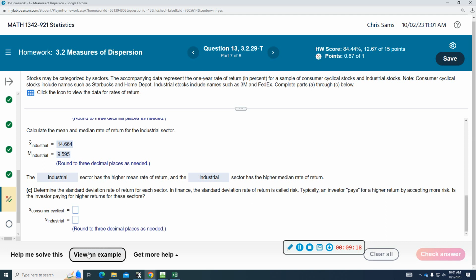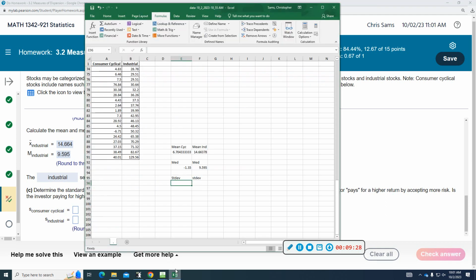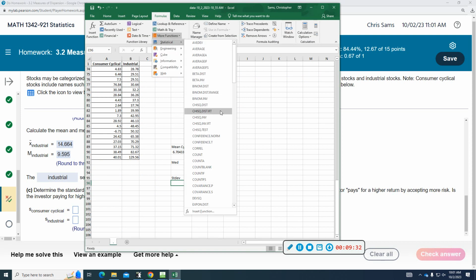I'm assuming we want sample standard deviation. It doesn't say. Well, let's compute them both. Normally they say, so let's do them both just to be careful. And then we'll just have to try each of them.